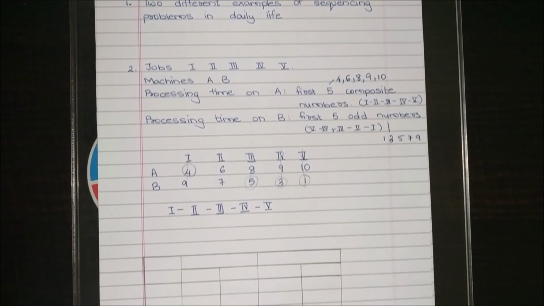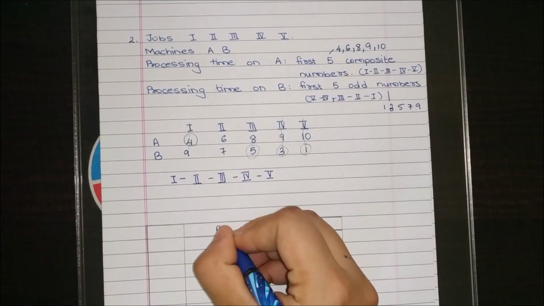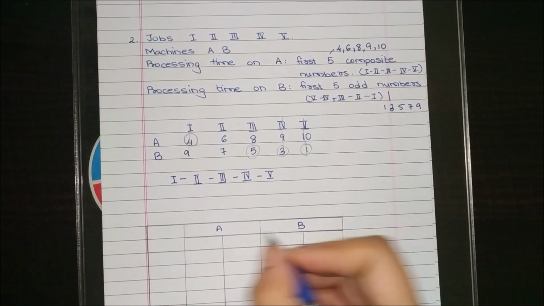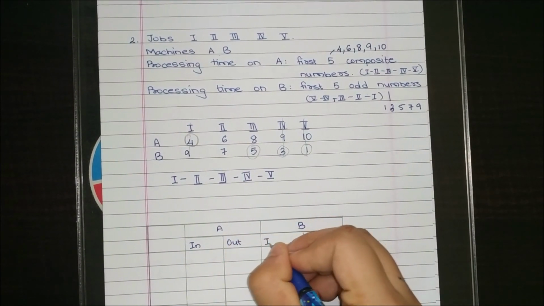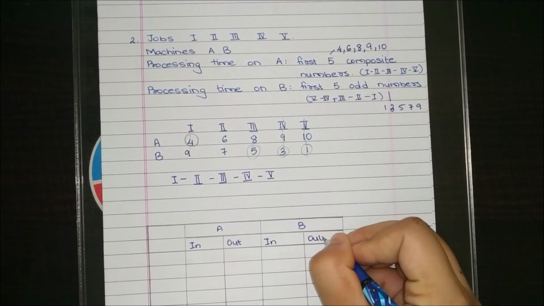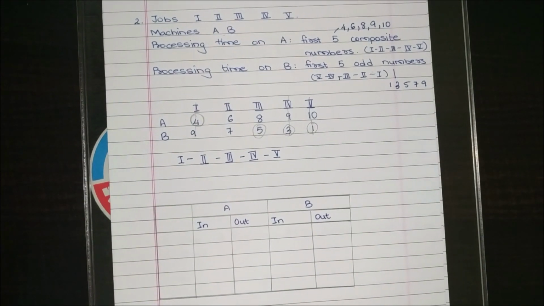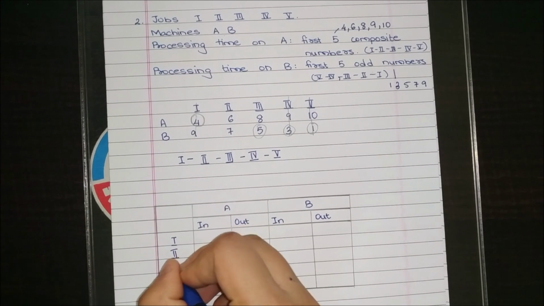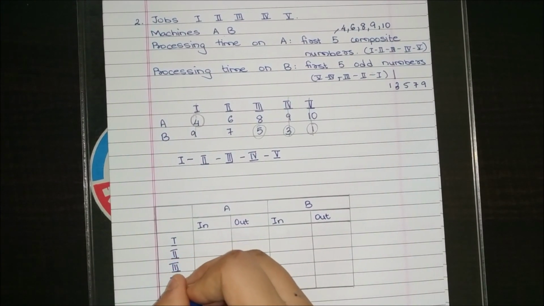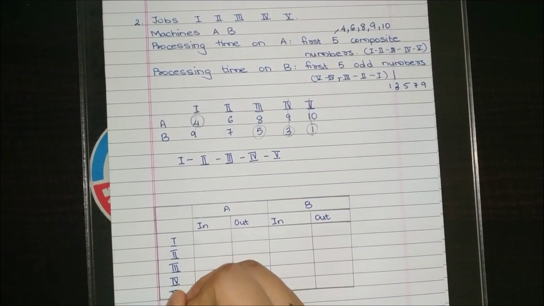Now let's make the working table. So here we have A, B, in time, out time, in time and out time. I'm writing all this fast. You are supposed to write it fully. Okay, now 1 2 3 4 and 5.